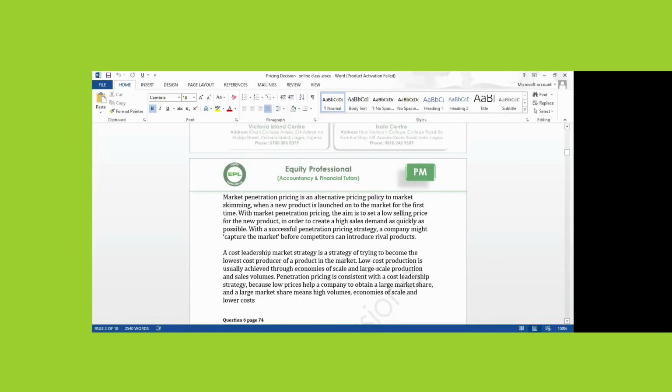The low price enables the company to generate higher sales volume.